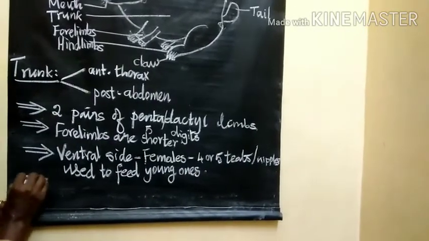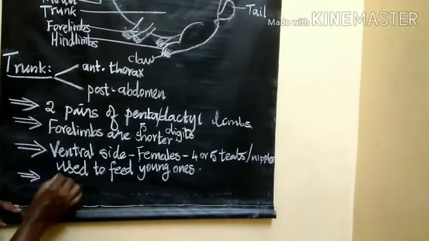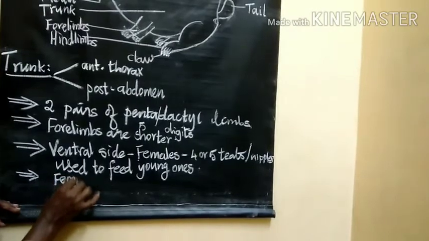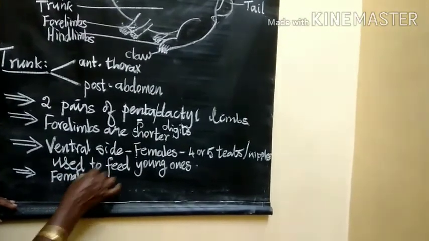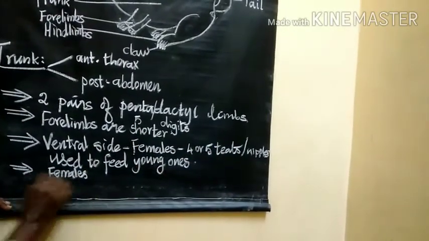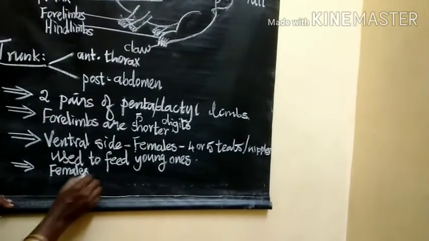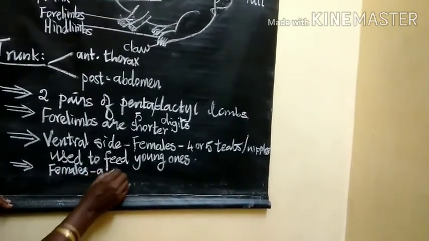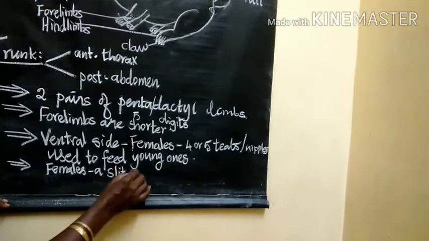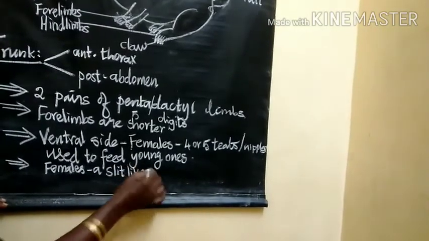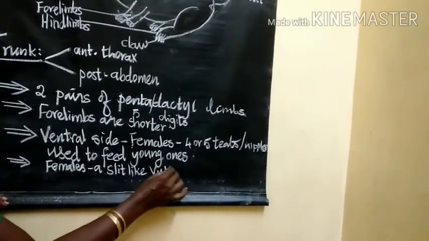And at the base of the tail in females, in addition to the nipples, a slit-like vulva is present.